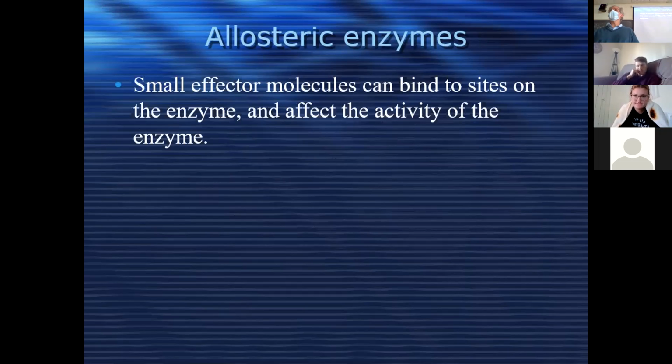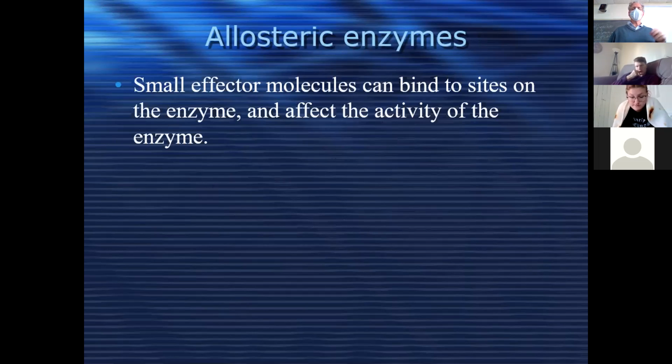There's also a group of regulatory enzymes called allosteric enzymes. They have sites other than the active site, usually.